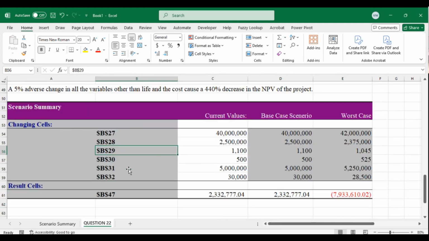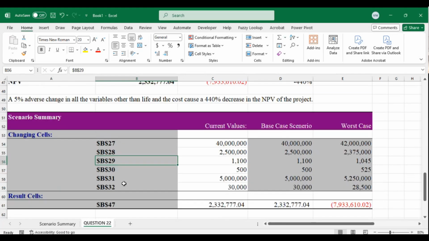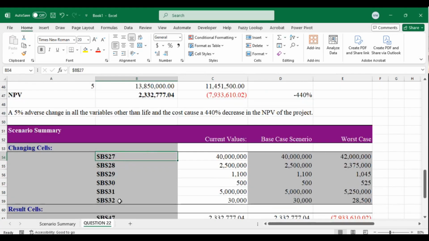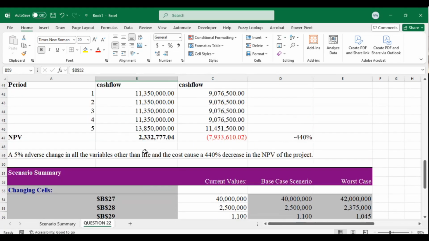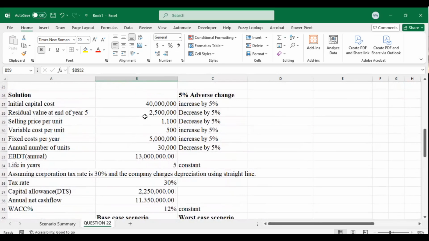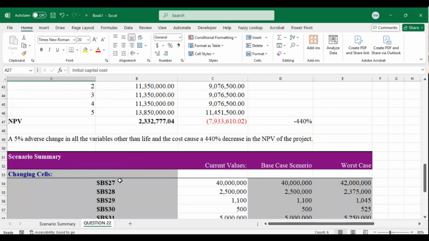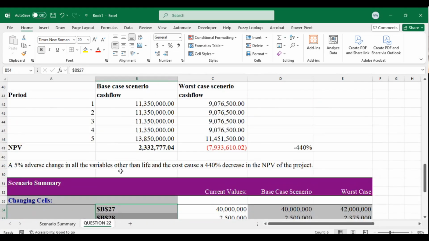Then another adjustment we can make: the results are NPVs. It has references B27 all the way up to B32, and you can see that these are the variables. It has referenced the variables that we are changing, B27 to B32. So what we can do is delete this, because these are the variables that we're changing, B27 to B32.